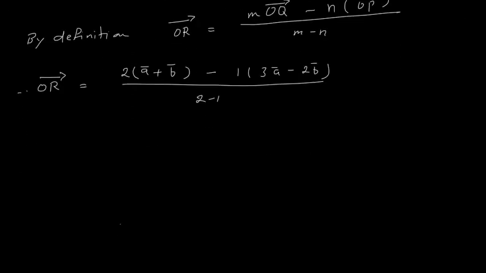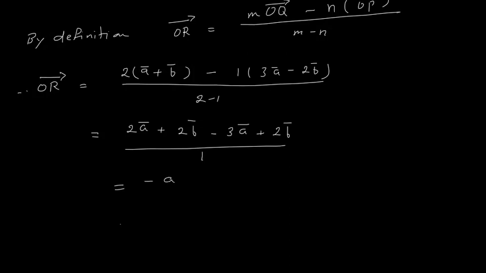So, this OR bar is equal to 2a plus 2b minus 3a plus 2b, and the whole divided by 2 minus 1, which is 1. So, this gives us the answer: 2a minus 3a is minus a, and 2b plus 2b will give me 4b, the whole divided by 1.